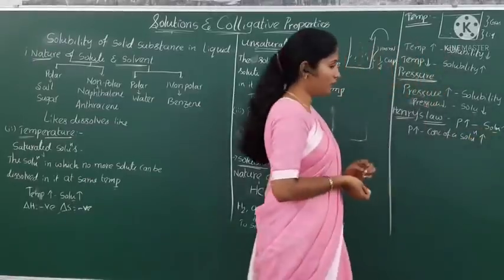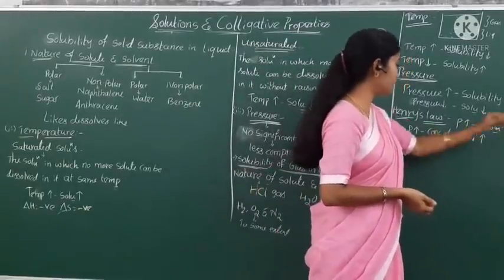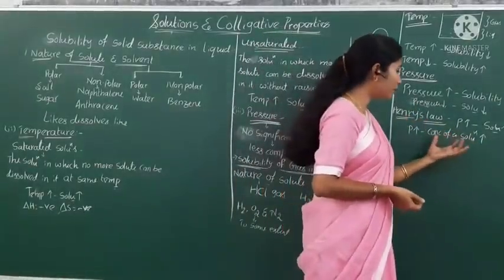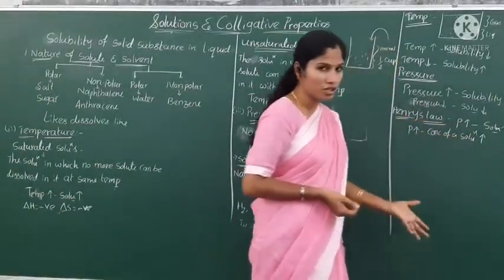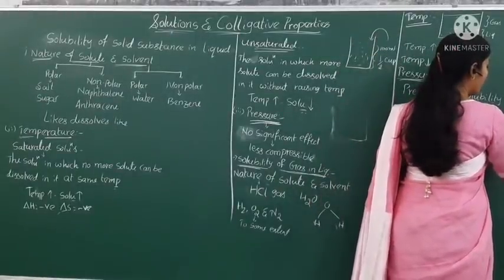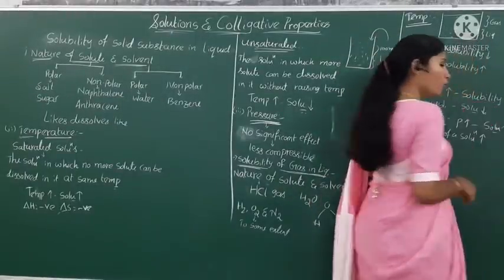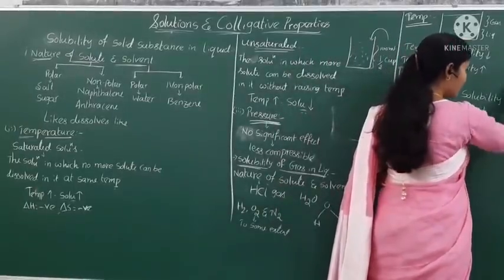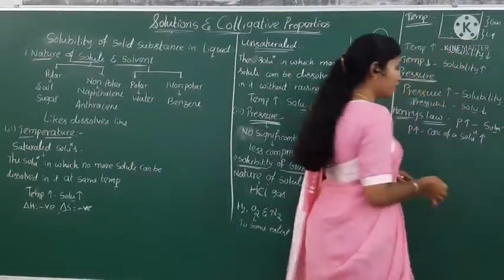Can you write like this? Yes. Because when solubility increases, the concentration of a solution automatically increases. So how are we expressing the concentration of a solution? We have different terms: molarity, molality, normality, and also mole fraction and some more. Among these, I am taking mole fraction.